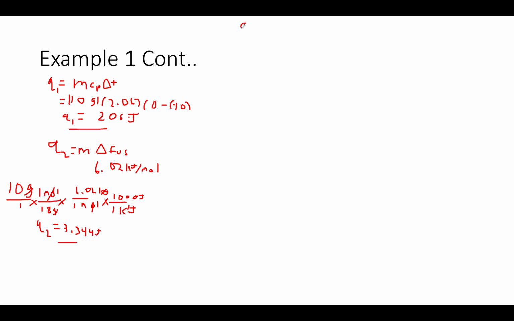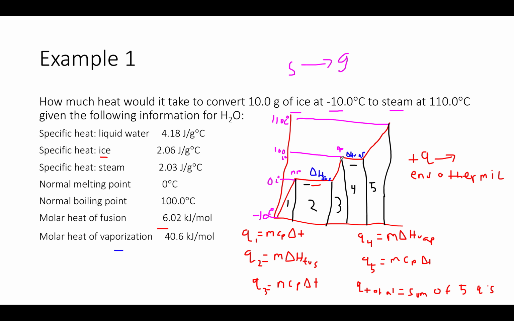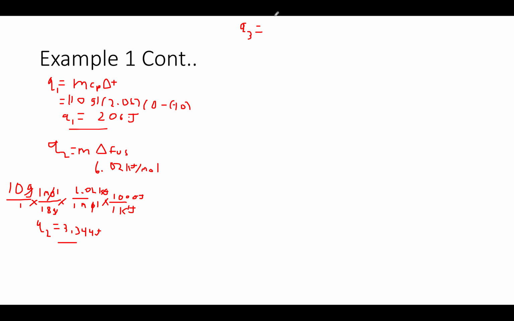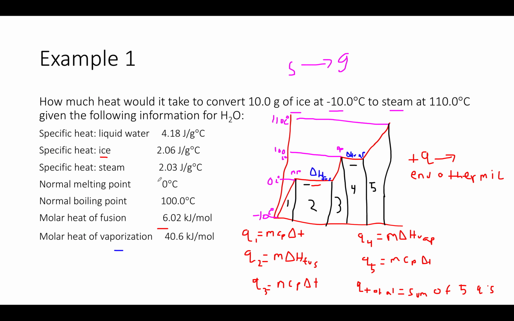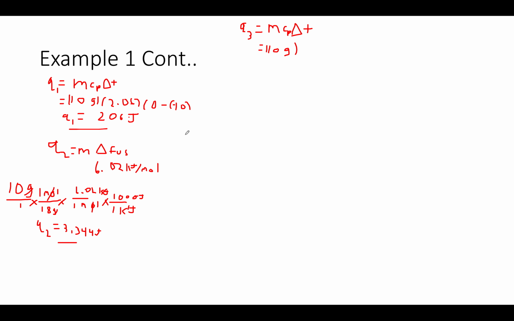Okay, next, Q3. Well, we have a temperature change here. Now we're right here. Q3 equals the mass times specific heat times delta T. We are a liquid now, so we're still 10 grams. We need to use the specific heat of liquid water, 4.18.